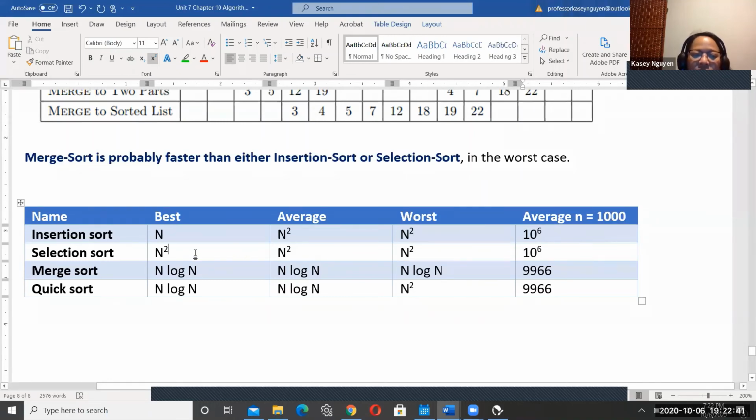With the selection sort, it's also n squared, so you also have 10 to the 6. With the merge sort, you have n log n, which gives you 9966, and then the quick sort, which is 9966. Okay. Any questions?